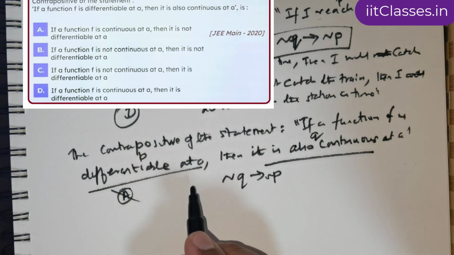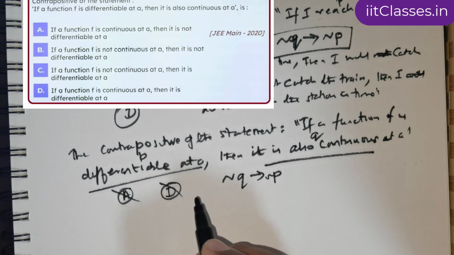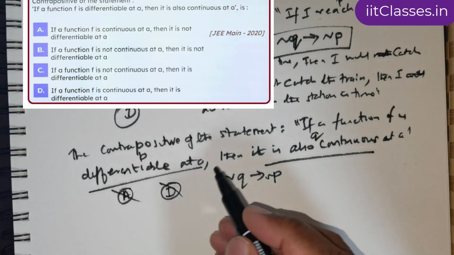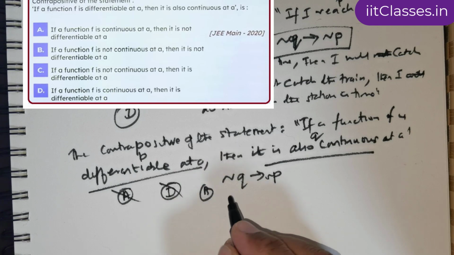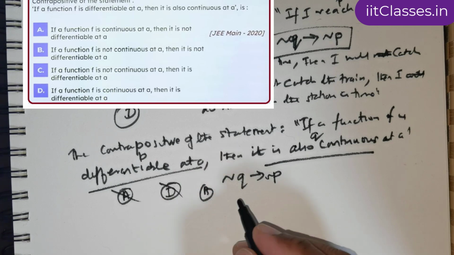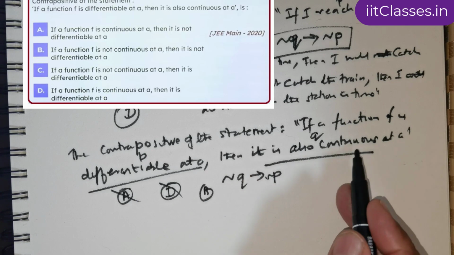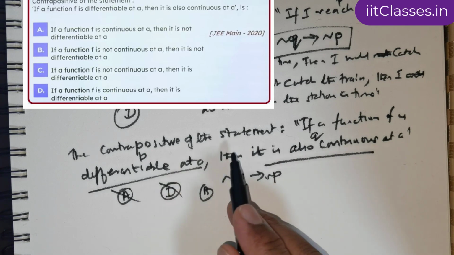So clearly you can see that of course D is not going to be the right one, because D starts with saying if a function f is continuous. So A and D are ruled out. Now if you were to look at B, it says if f is not continuous at a, then f is not differentiable at a.